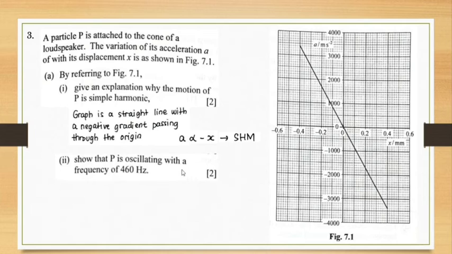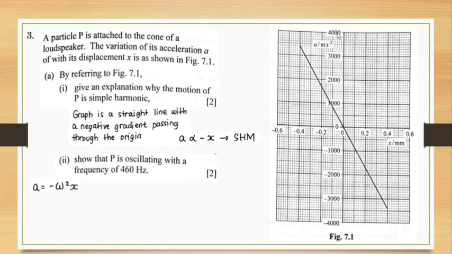The second question is show that P is oscillating with a frequency of 460 hertz. To find the frequency of oscillation, here we can see the omega. We can find the omega.